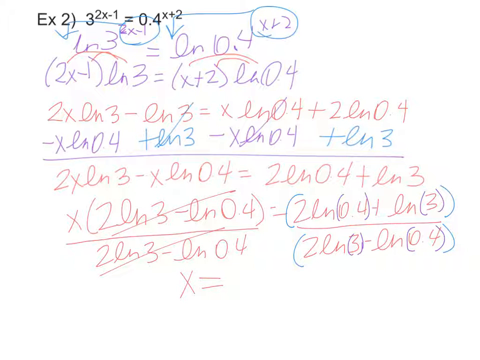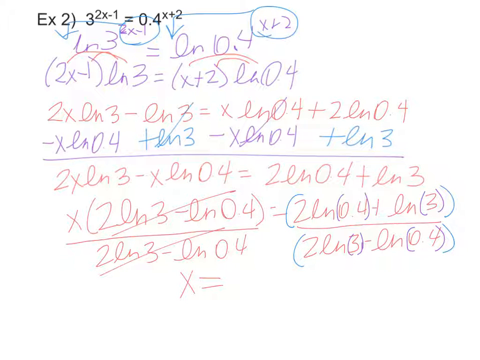So at the end of this parenthesis, you're going to type in parenthesis 2 natural log parenthesis 0.4, close that set of parentheses, plus the natural log of 3 in your parentheses. Make sure you put a double parenthesis at the end before you write your division bar.